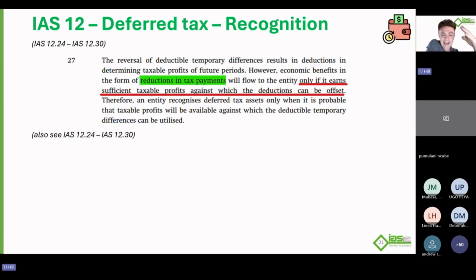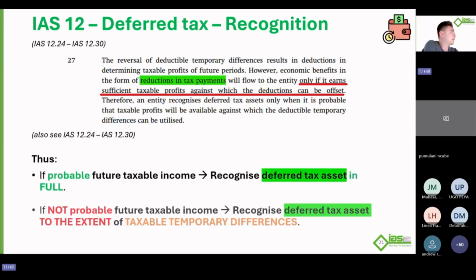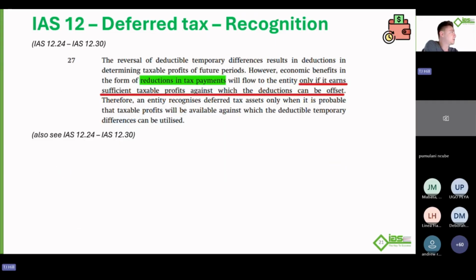For a DT asset, we said you're going to recognize it for all deductible temporary differences as well as an unused tax loss. And we had the same exemption, but we had one extra step for a DT asset.